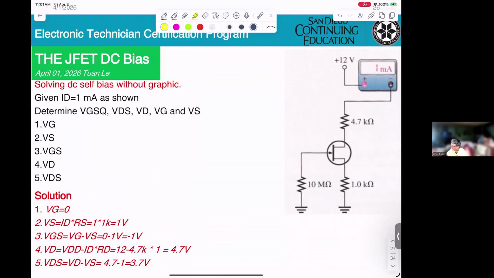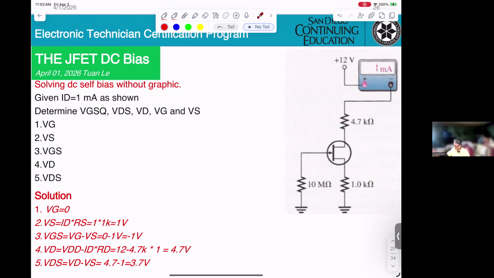Now, we want to emphasize here. If you're looking at the circuit, what type of DC bias is it? Self bias, fixed bias, voltage divider bias. You have to recognize it. If not, you cannot solve the problem.